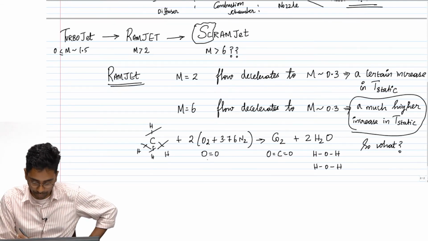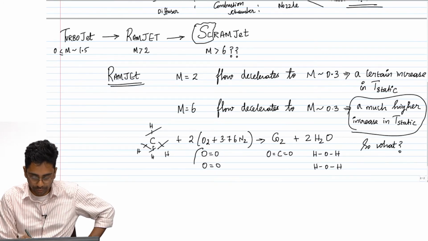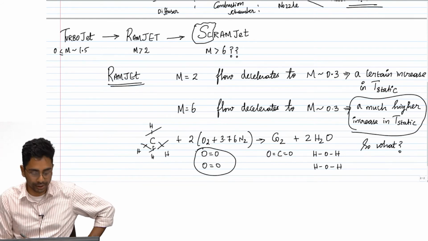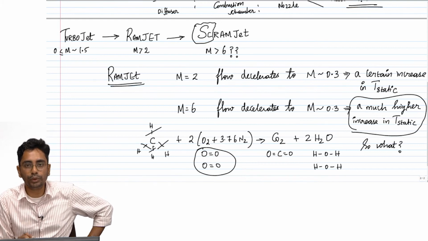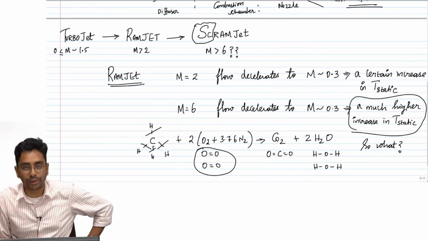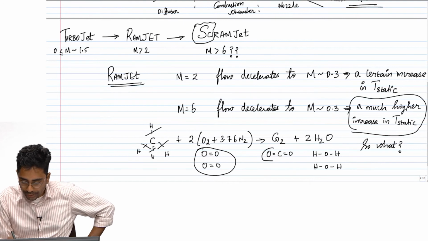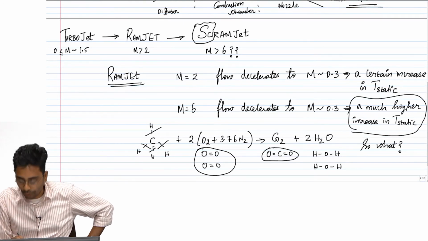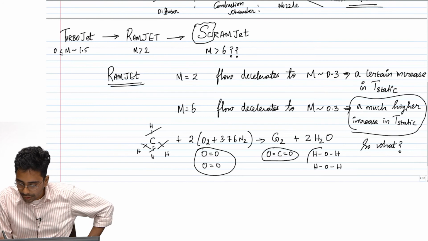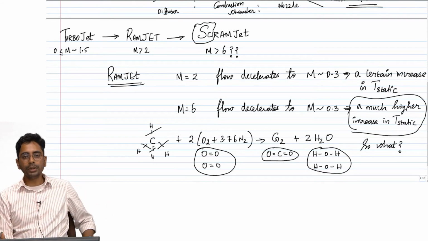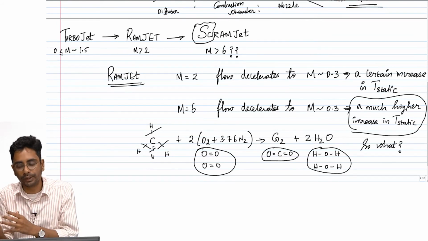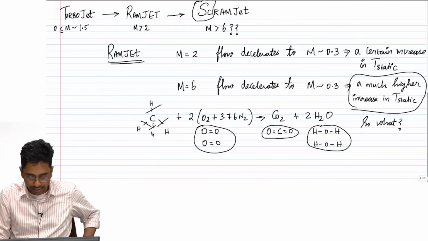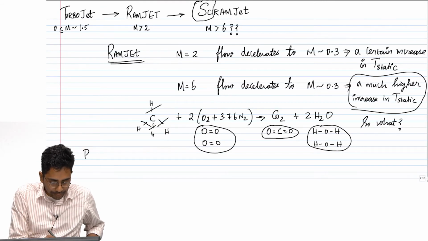Please go back and check: you have O double bond O, O double bond O. So 4 C-H bonds were broken, 2 O double bond O bonds were broken, 2 C double bond O bonds were formed, and 4 O-H bonds were formed. So a set of bonds were broken, a set of bonds were formed, and bond breaking is an endothermic process.